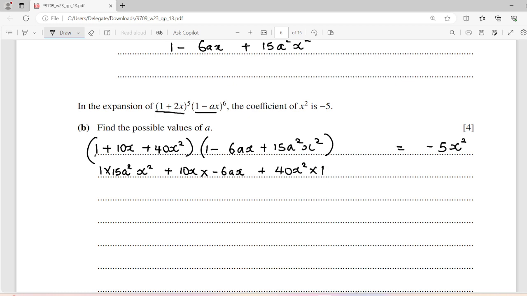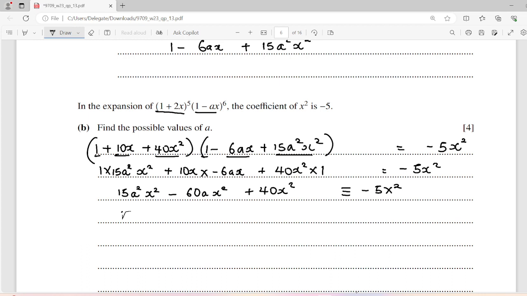So 1 multiplies with whatever has an x squared already. Then 10x will multiply with what has 1x. Then 40x squared should multiply with the 1, so that at the end of it all you have your x squared. So here we shall end up having 15a squared x squared minus 60ax squared, then plus 40x squared, and we are told this is equal to -5x squared. So I'm going to pull out x squared.